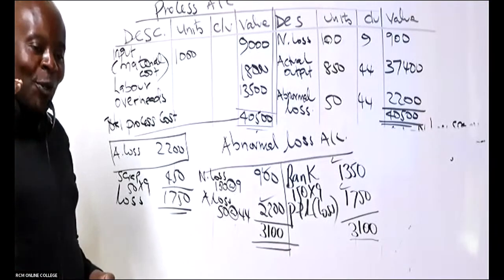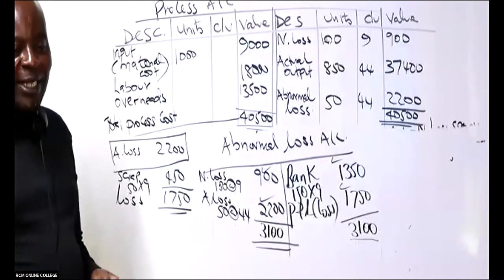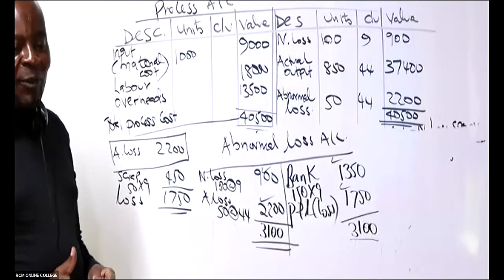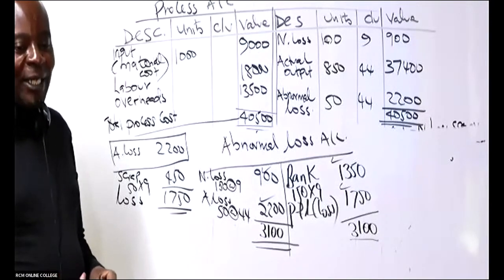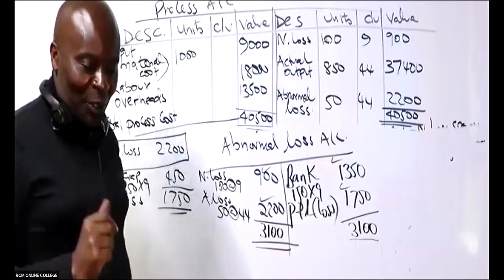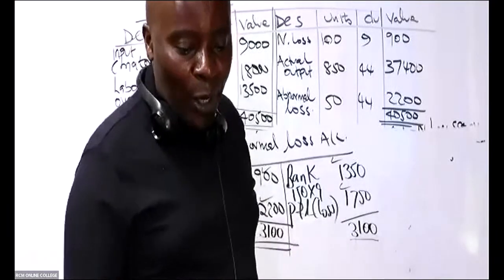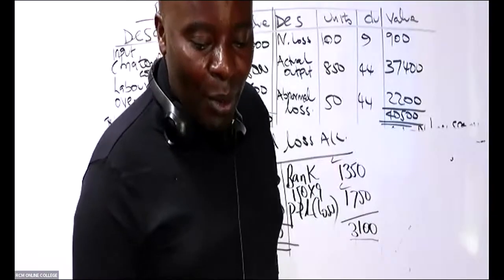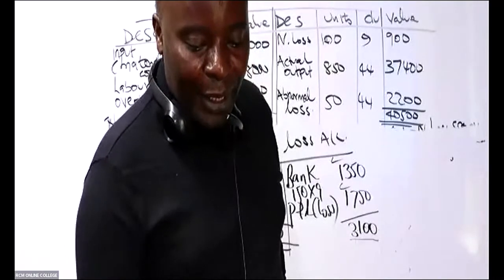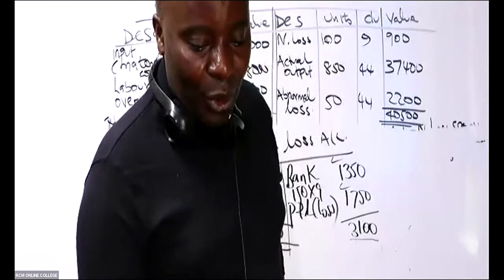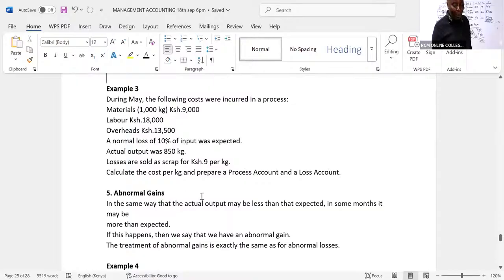Can I move on to something different, my good students? With your permission, I will go to a question that has an abnormal gain. You can see number 5 here, abnormal gains.